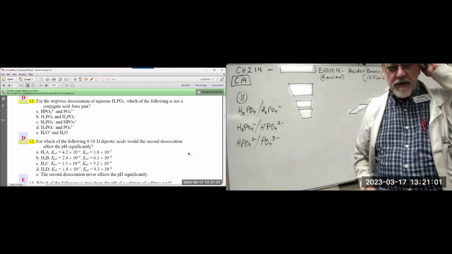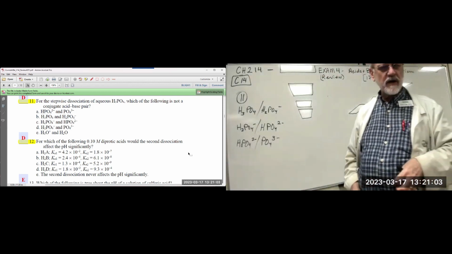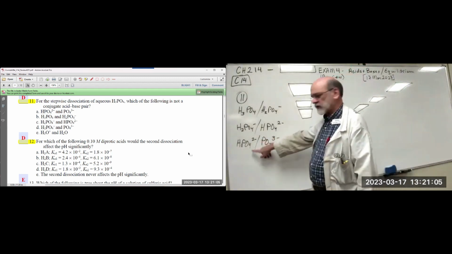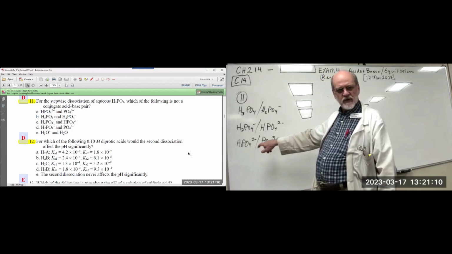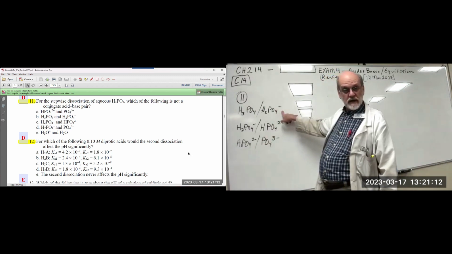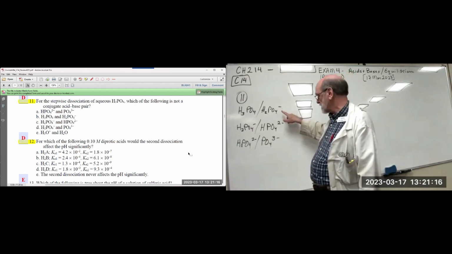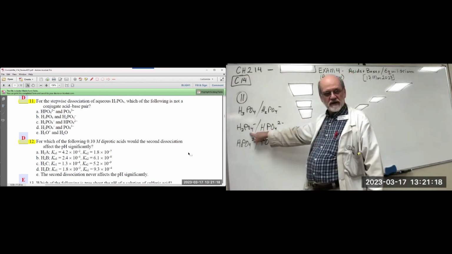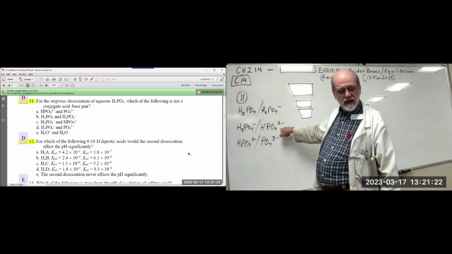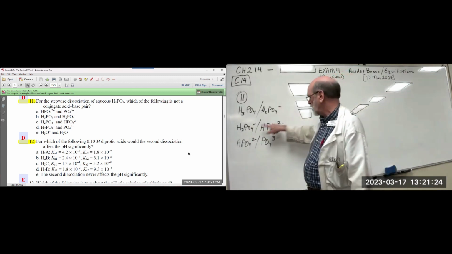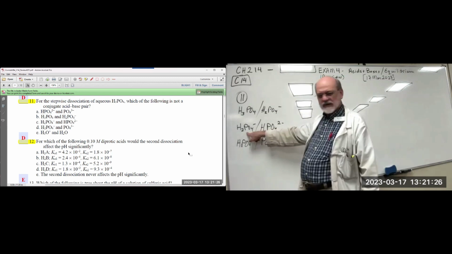And let's see, which of the following is not a conjugate acid-base pair? HPO4 2 minus. Okay, A is right. H3PO4. Yeah, B is right. C, H2PO4 minus and HPO4 2 minus. That's right. H2PO4 minus and PO4 3 minus.